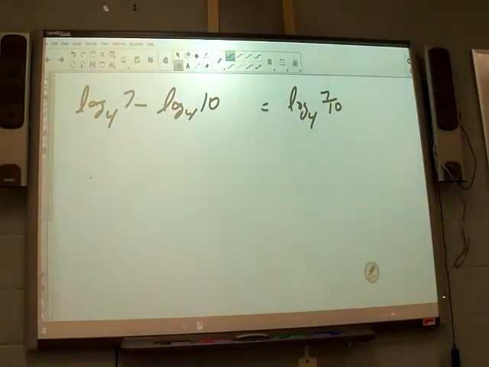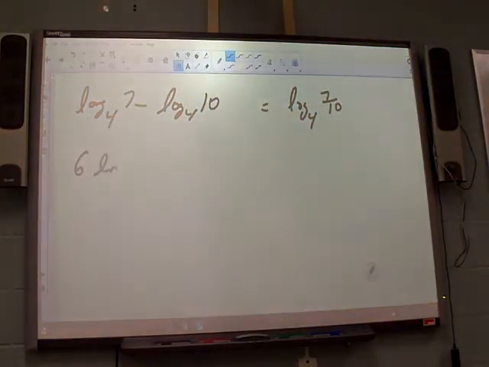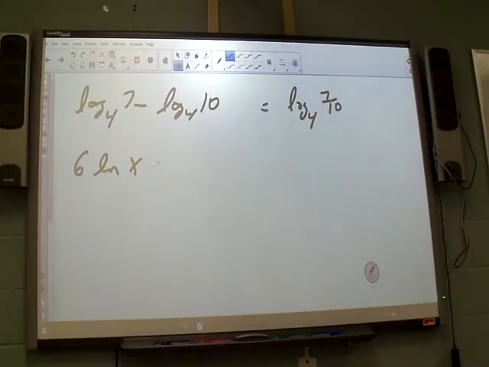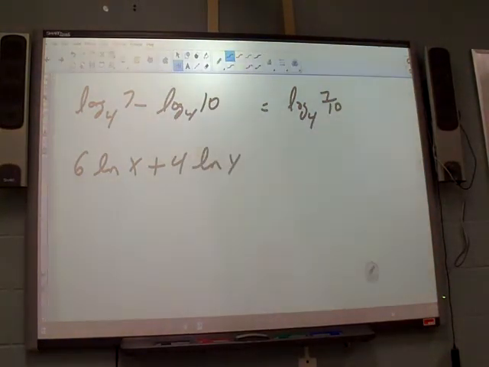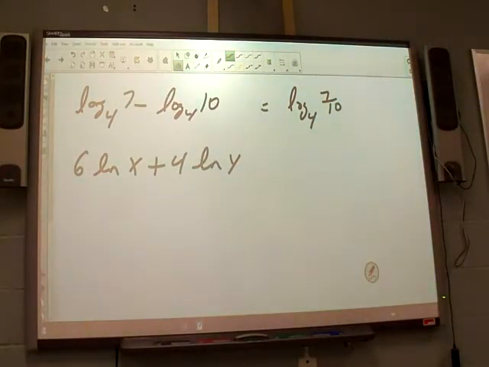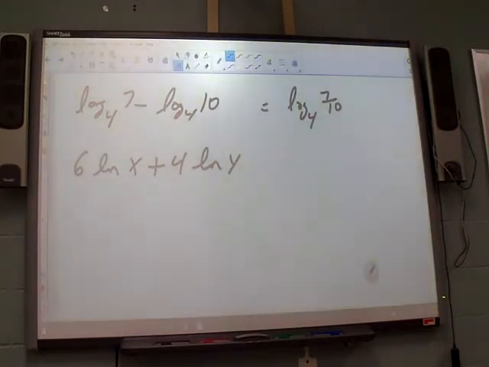Okay, let's say I've got 6 natural log of x plus 4 natural log of y. Okay, there are 2 properties happening here, but there are actually 3 things you're going to do.